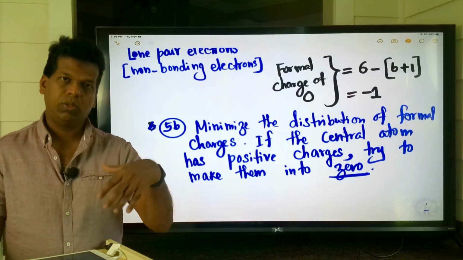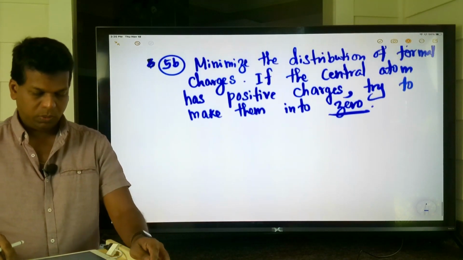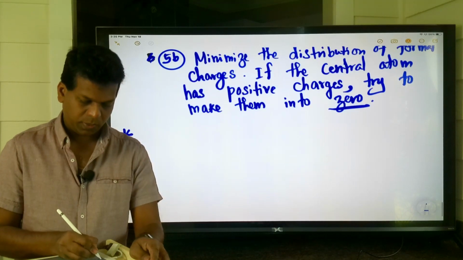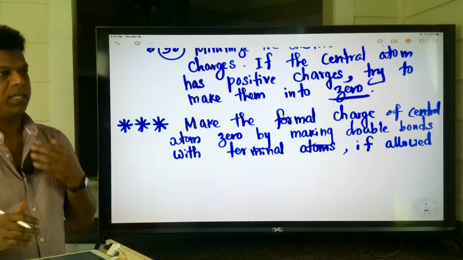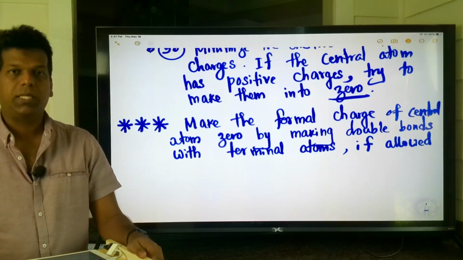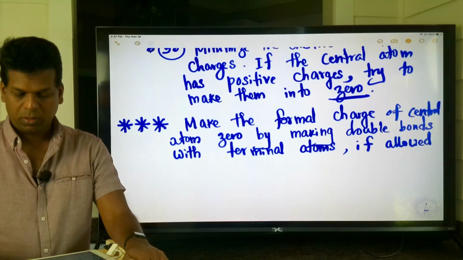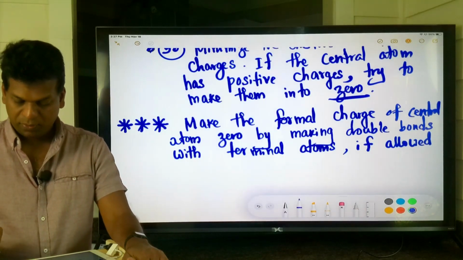We should try to make it 0. So how do we make the formal charge of the central atom 0? By making double bonds with terminal atoms, if allowed. I added the words if allowed.